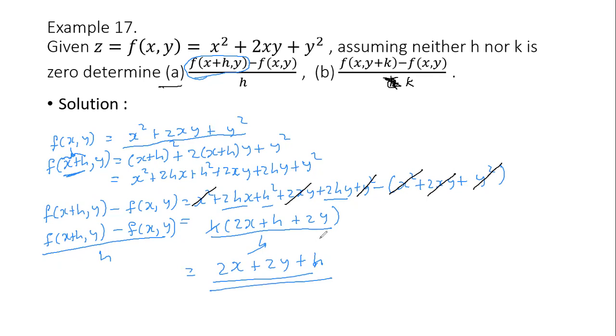All right. Now for part B, f of x comma y plus k. For that, you replace y with y plus k. Before we go to part B, here you see we divide both top and bottom by h.